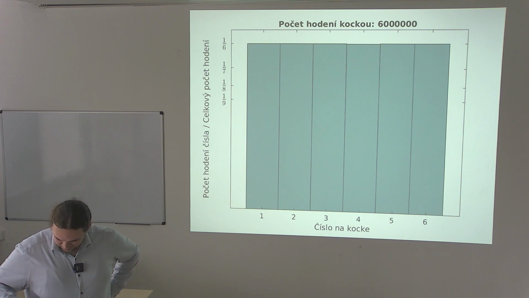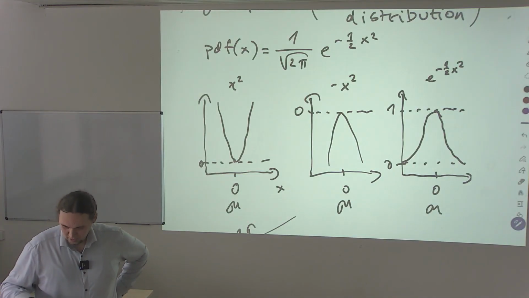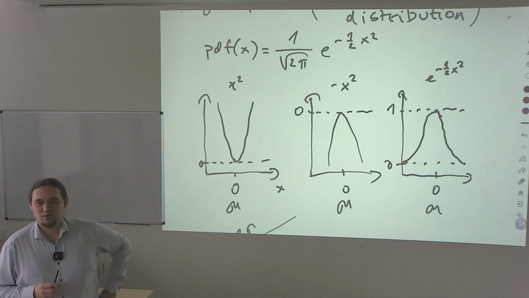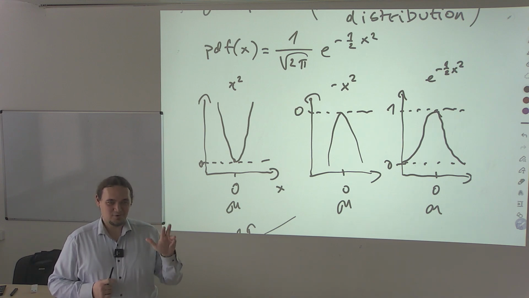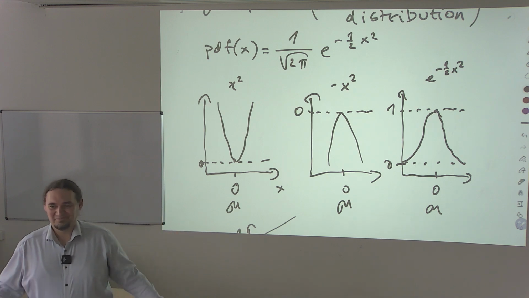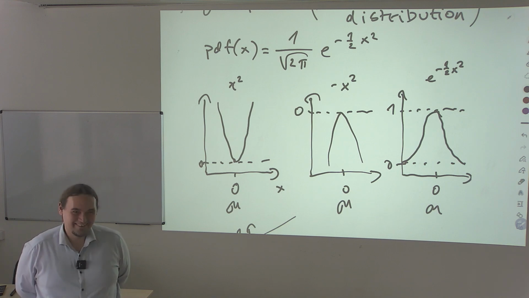So what is the probability of throwing 1 or 2 or 3 or 4 or 5 or 6? Certain. Yeah, good.